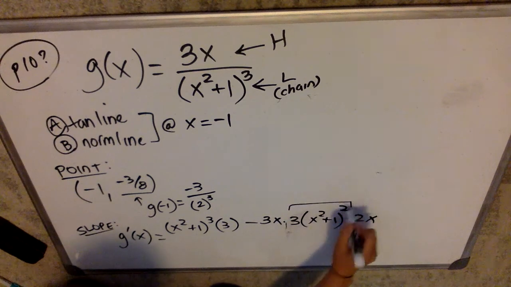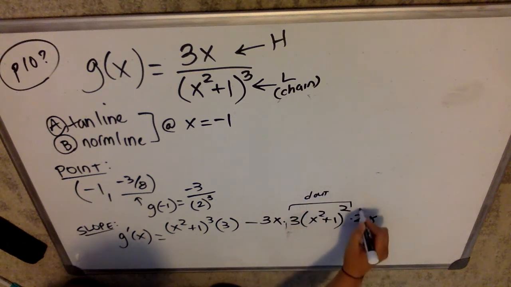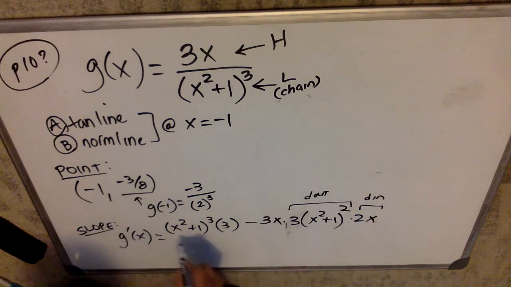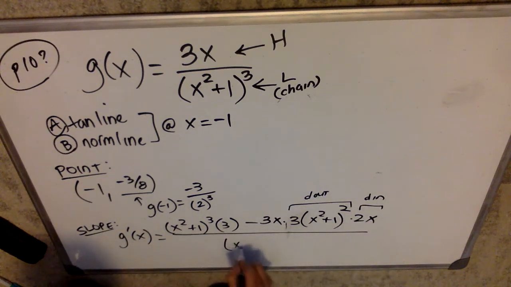So see how this is my d out, right? And this was the derivative of the inside, okay? Divided by this whole x squared plus 1, quantity cubed, quantity squared. So that's going to be to the 6th, right?